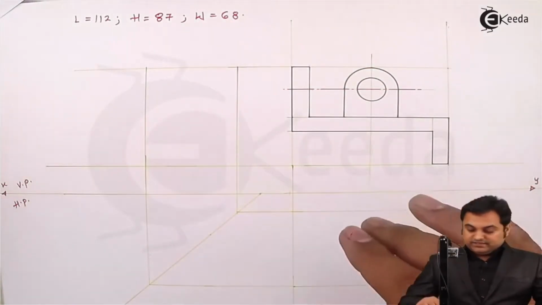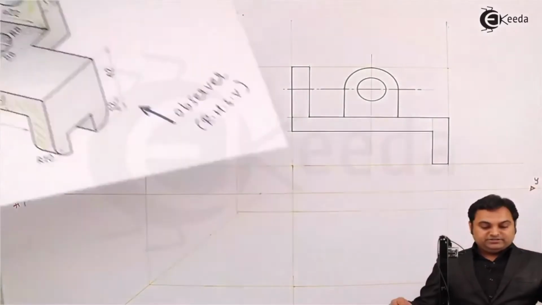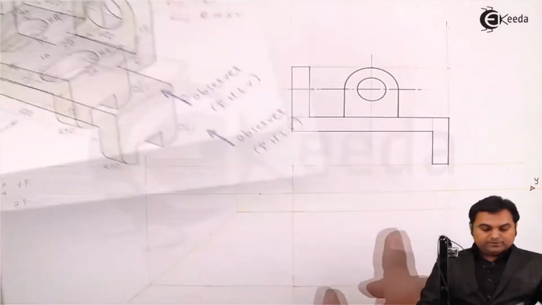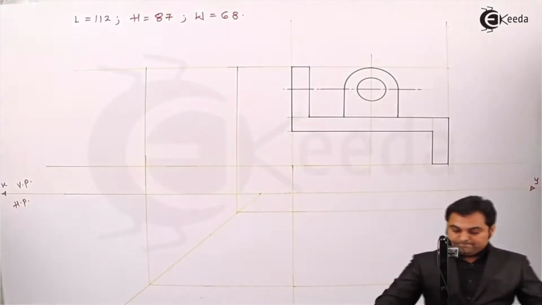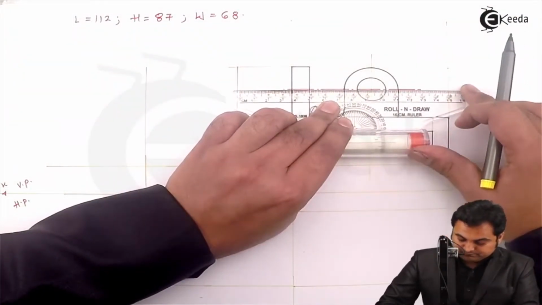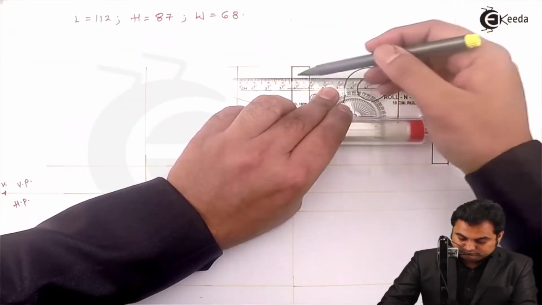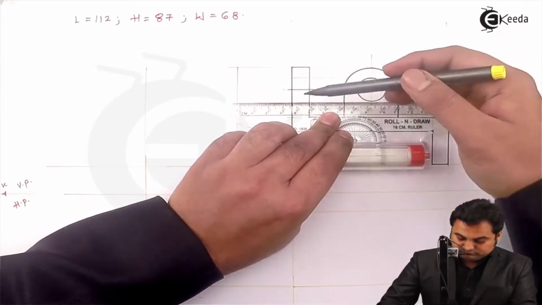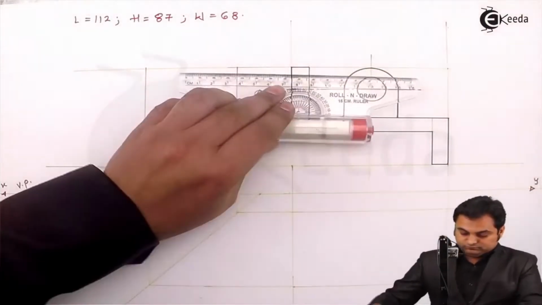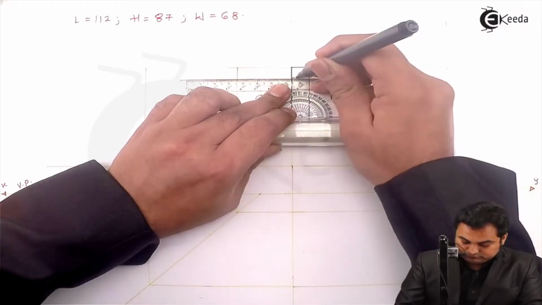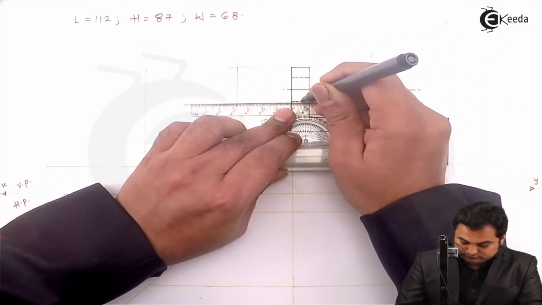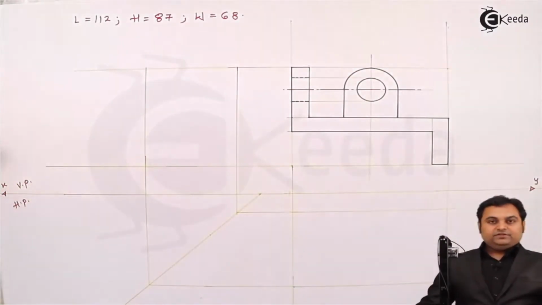Next, inside the semicircle, another circle is there having the same diameter 22 mm. So projecting this circle, so this is the hidden circle.